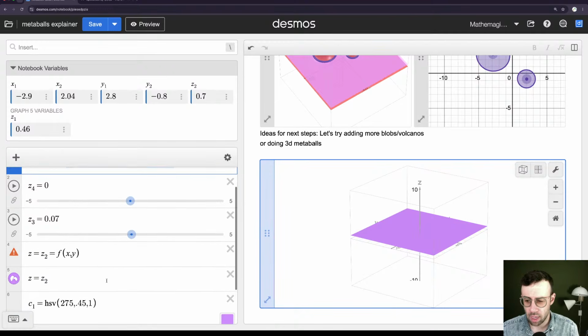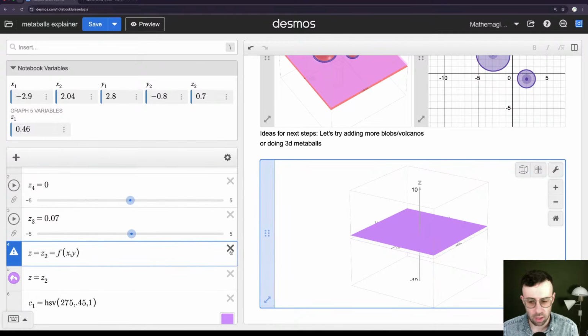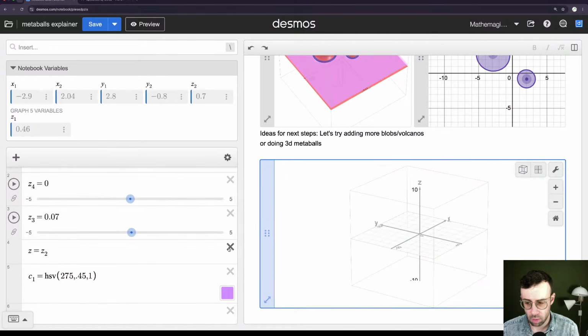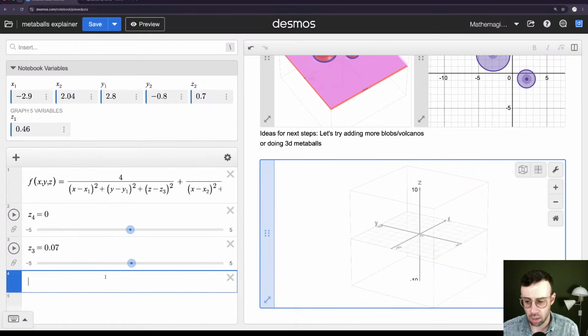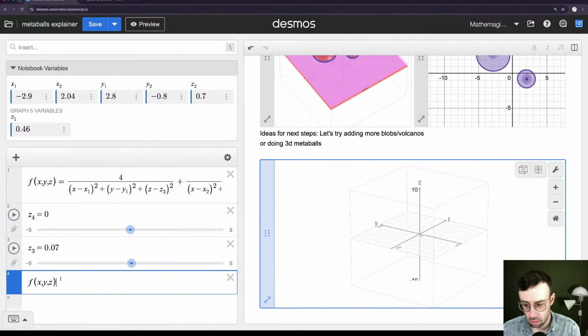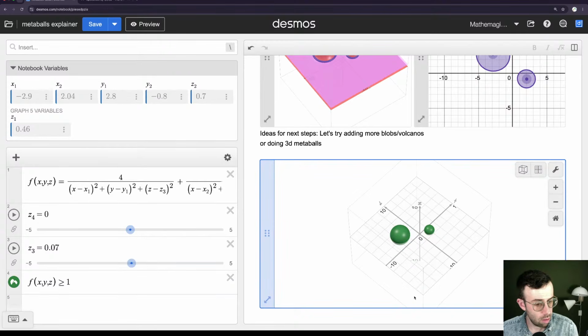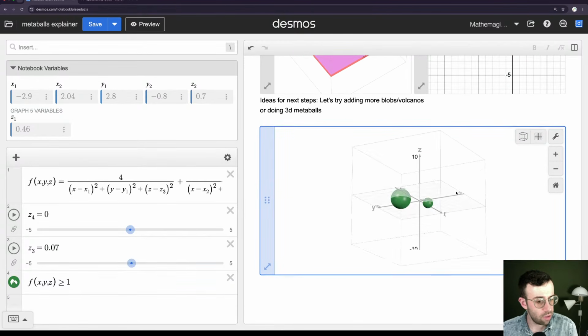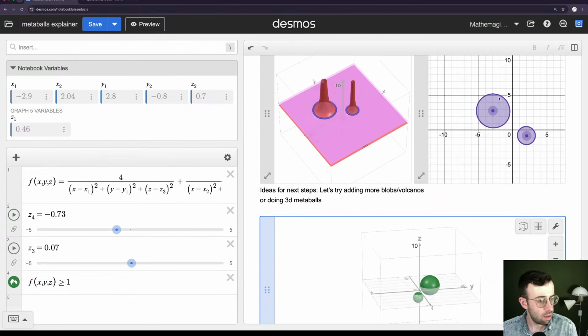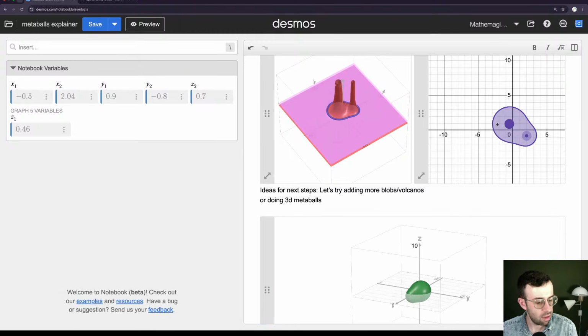Okay, so then I don't need the slices anymore. Oop, what did I do? I don't need that. I don't need the color. And then let's do this. Okay, so now we have 2 metaballs, and if we move, okay, that moves that around. Oh yeah, they're connected. Oh, cool.